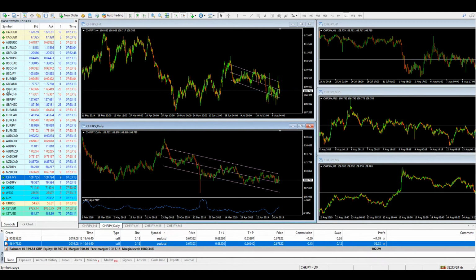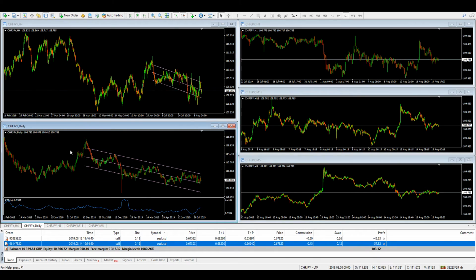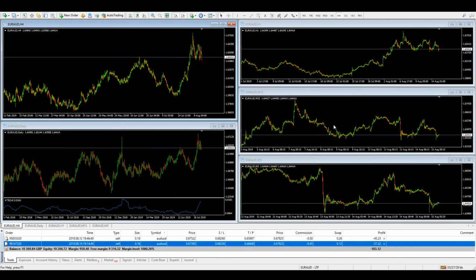And Swissy JPY, you'll be paying a swap on this, which would be, there it is, okay, 1 point. The swap isn't too bad, but it's still not a position I'd like to be holding for a long period of time on the short side, incurring those swaps. Money could be put to use in other trades much better.